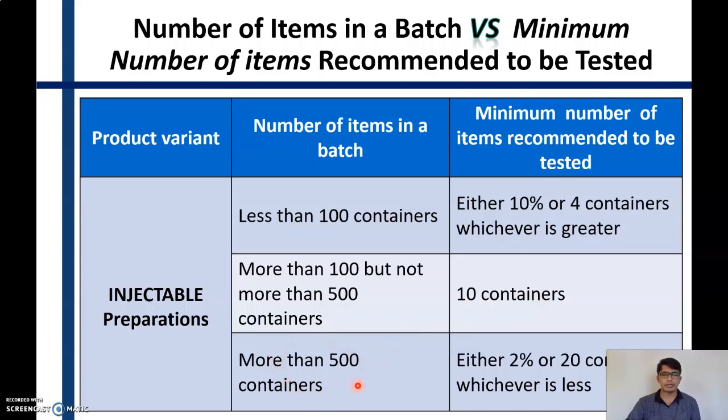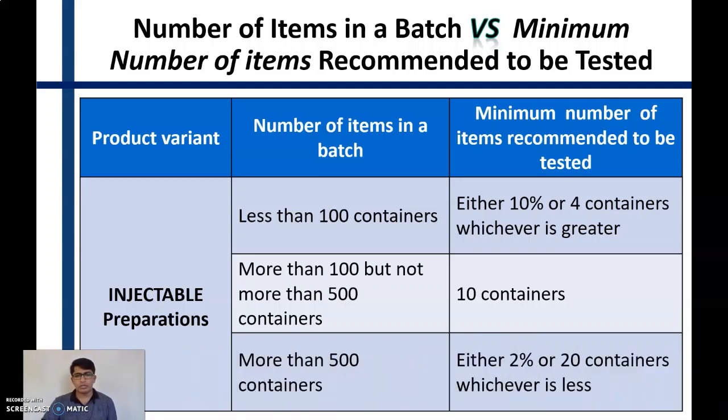And if batch production is more than 500 containers, we will take either 2% or 20 containers, whichever is less. Suppose we have 600 containers in a batch, we will take 2% of the 600, that is 12 containers, or 20 containers, whichever is less. 12 is less than 20, so we will take 12 containers for sterility testing.